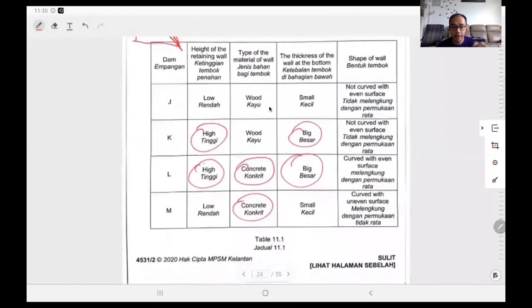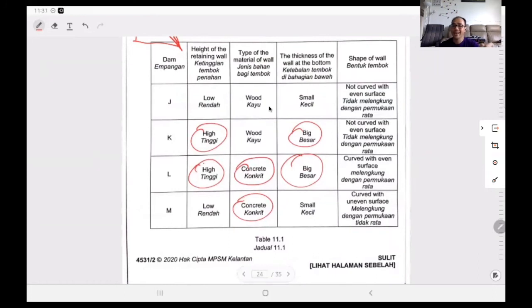Okay. Finally, the shape of the wall. Is it not curved with even surface, curved with even surface, or curved with uneven surface? Which one?